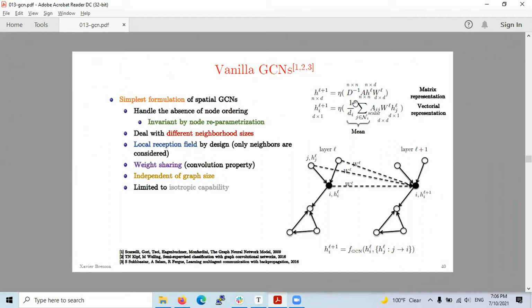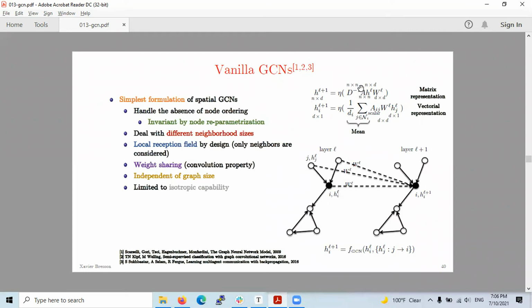The way it's being done here is that he introduces this D inverse vector, which is equal to finding the average of the outputs of all of the nodes. This is the basic GCN with template matching. This is how they deal with different neighborhood sizes.